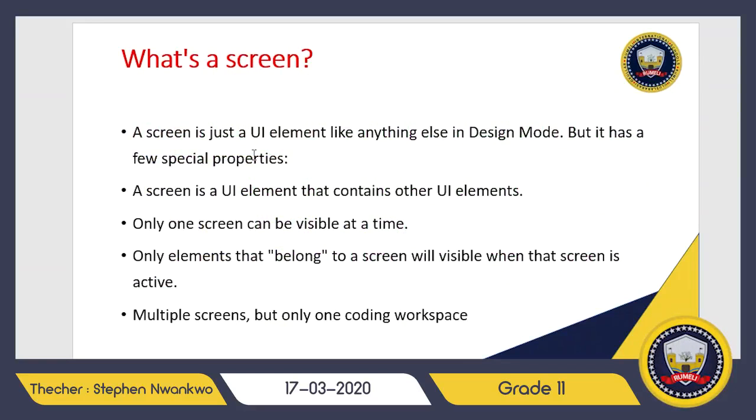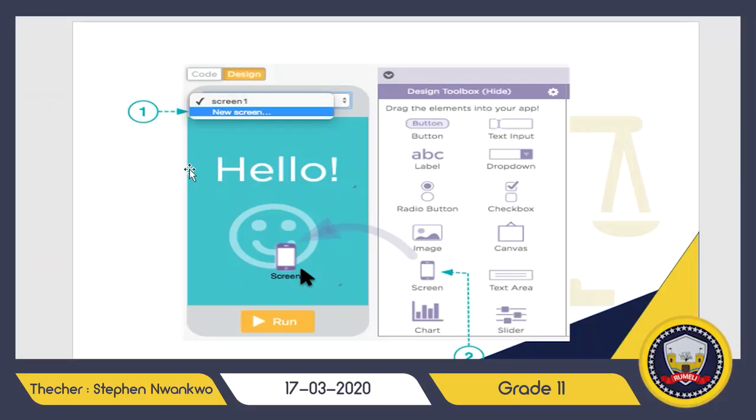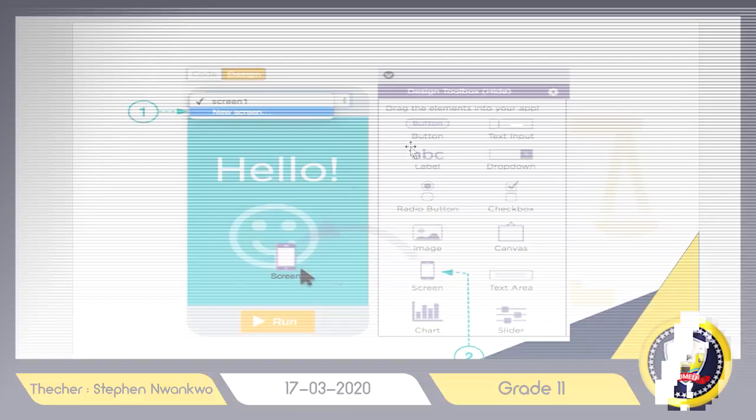A UI element, just like anything else in design mode. And you remember that I told you that you have two modes in AppLab, the code mode and the design mode. Now this screen, as part of the UI element, is located inside the design toolbox, and all the UI elements are located in the design toolbox.